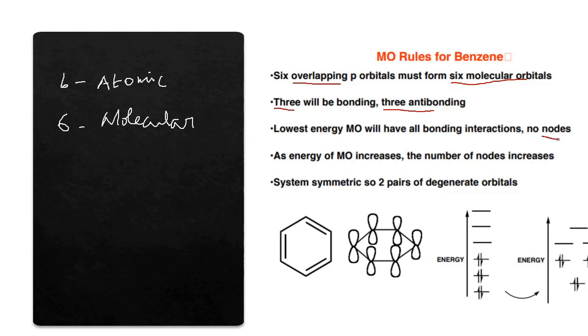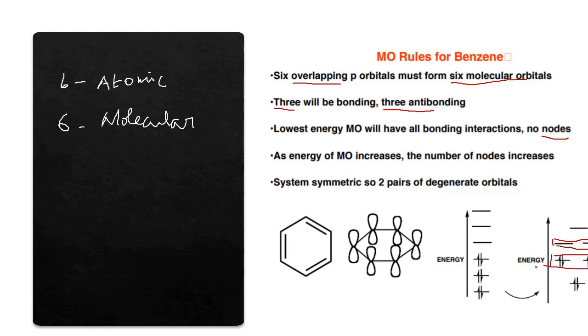At this juncture I have to tell you, what is a node? A node is a place where the probability of finding an electron is 0. As the energy of the molecular orbital increases, the number of nodes also increases. The system is symmetric, and therefore we will have two pairs of degenerate orbitals. This is one pair of degenerate orbitals, this is another pair.